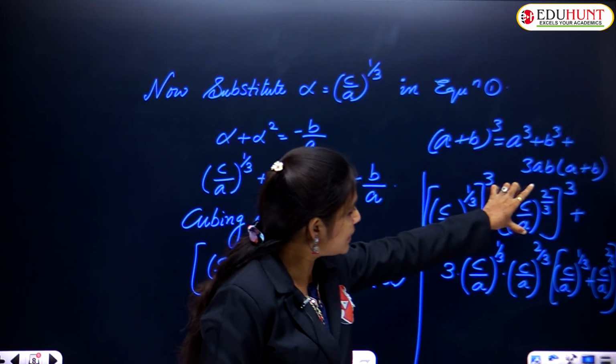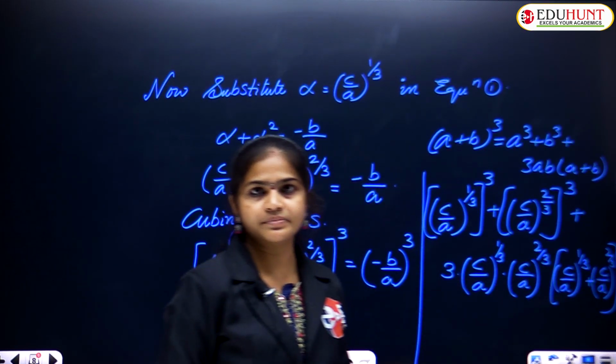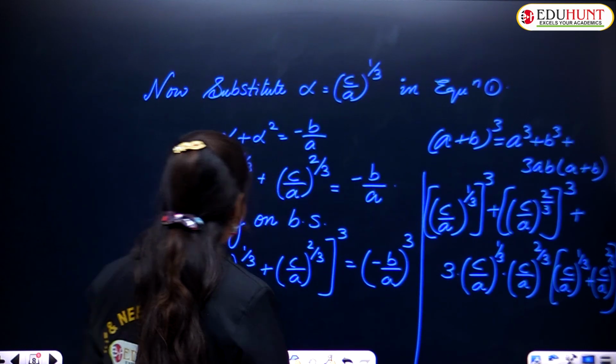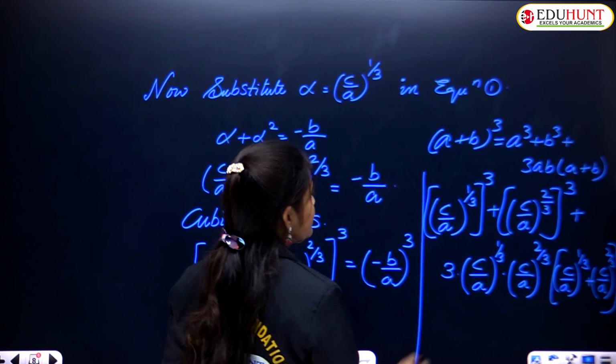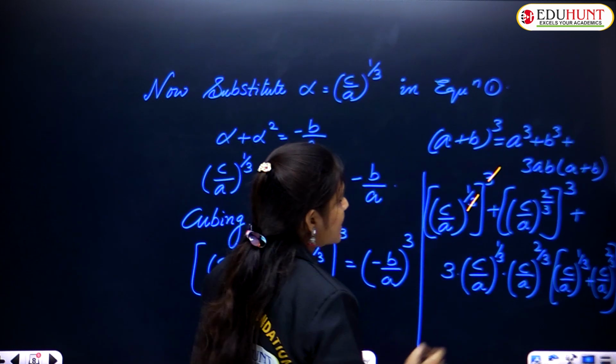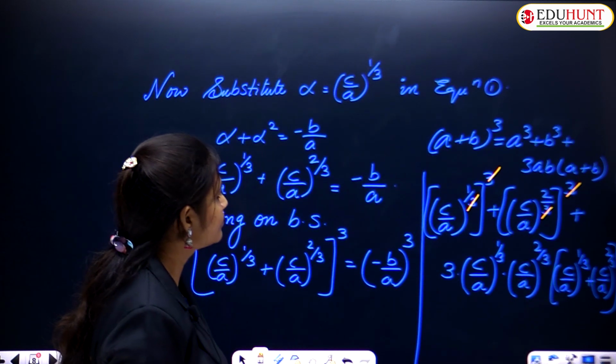Just observe once again: a cube plus b cube plus 3ab into a plus b. Clear? Now see here, 3 and 3 get cancelled. Is there any other? No, that's it.